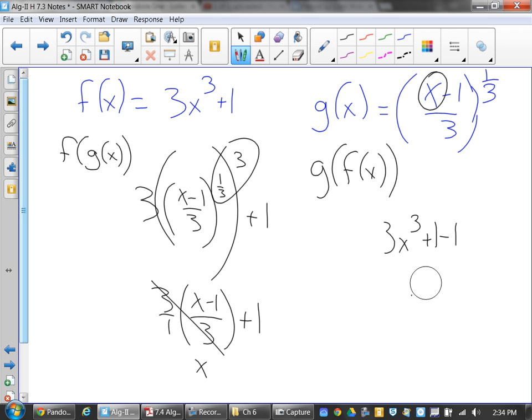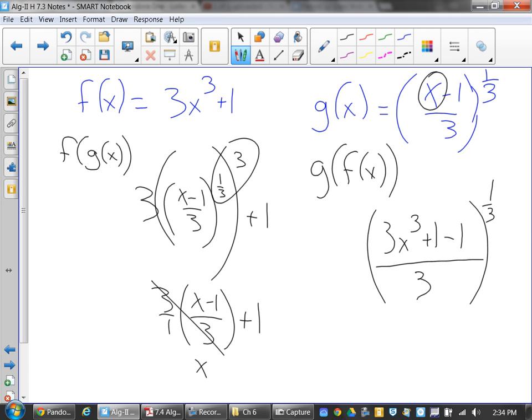All I did here was write down f of x. You okay with that? Alright. Now this goes to the x value in the numerator. Do you agree? So now I just have minus 1 all over 3 to the third.